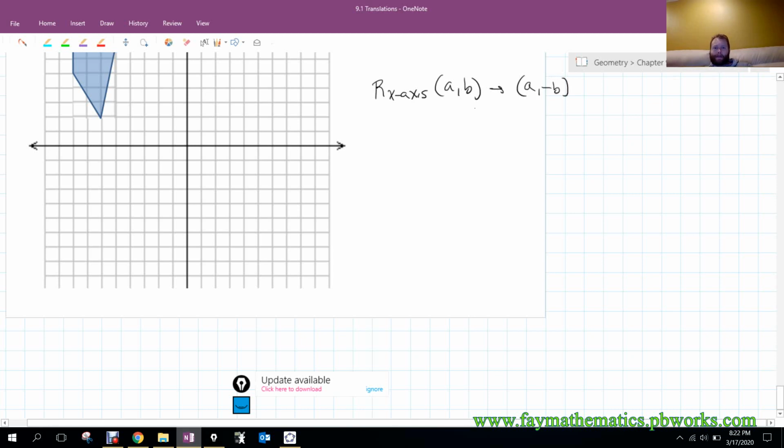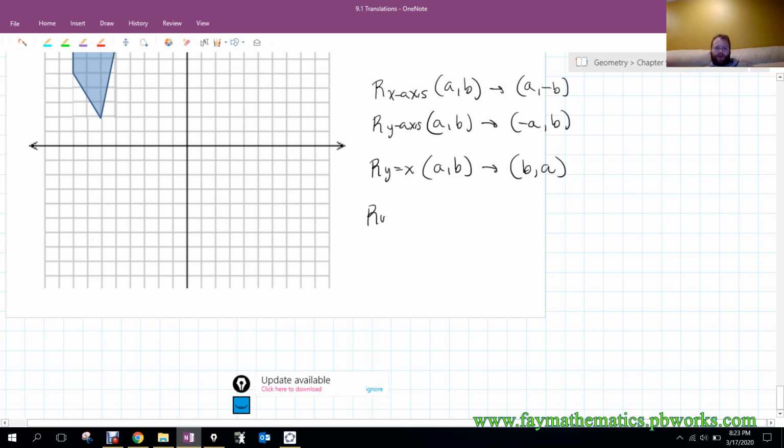So it's going to become A comma negative B. If I go reflection over the y-axis of a point A comma B, it's the x that changes, so negative A comma B. If I go reflection over the line y equals x of A comma B, the ordered pair is flip-flopped, B comma A.